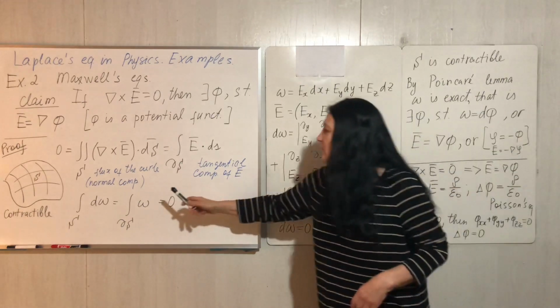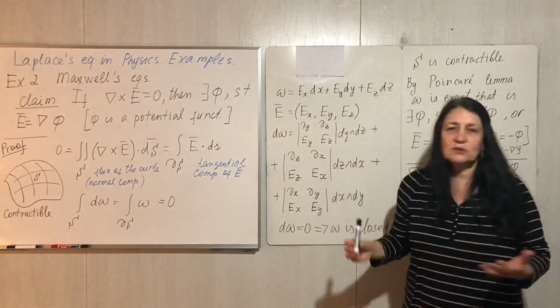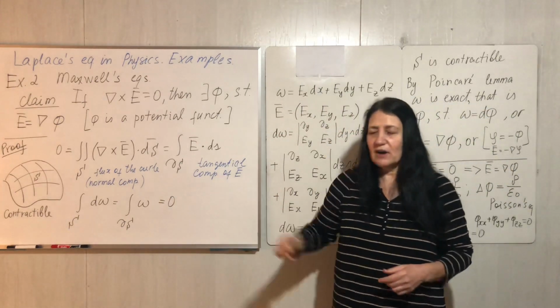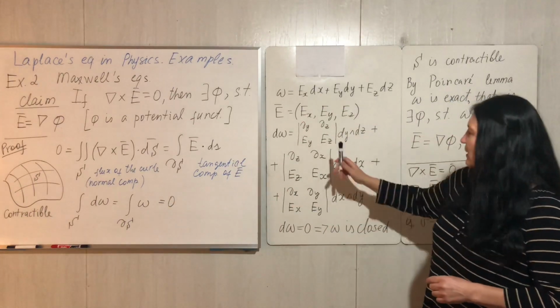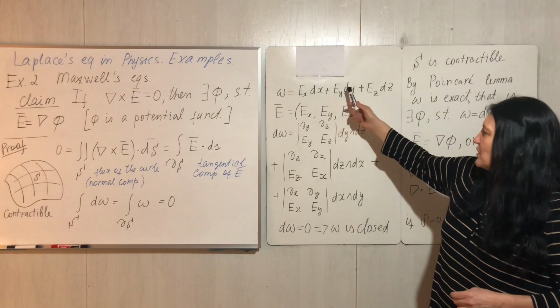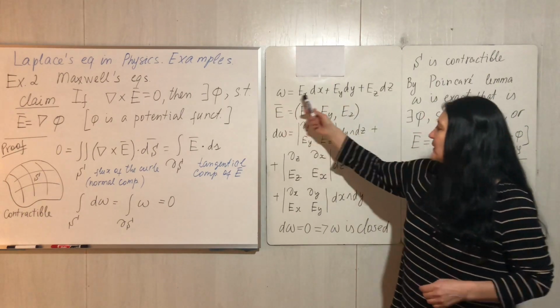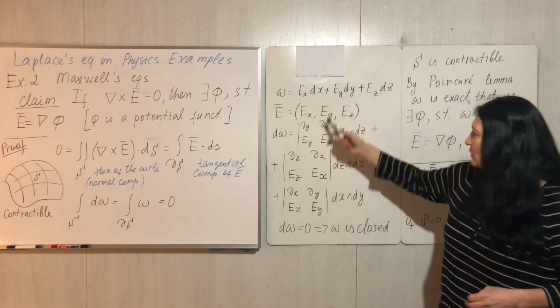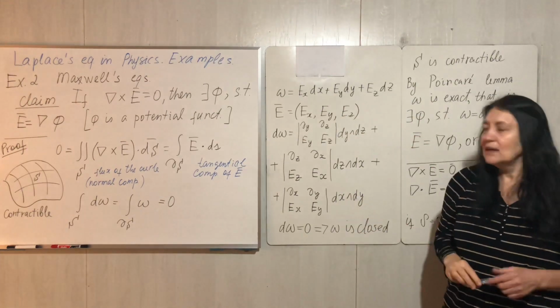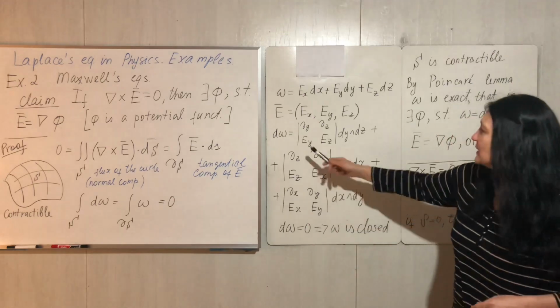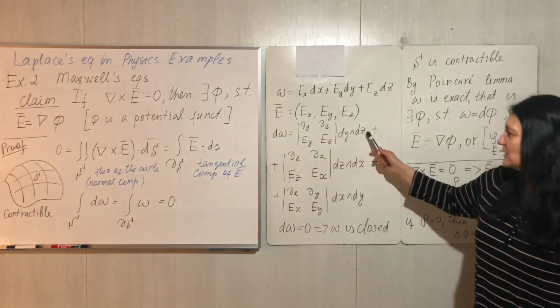By the way, if you want to review Stokes' formula, please find lecture B in the description to this lecture. And then we will compute the exterior derivative. If you forgot this stuff, also see the description, it's lecture A. Then d omega will be this 2-form.